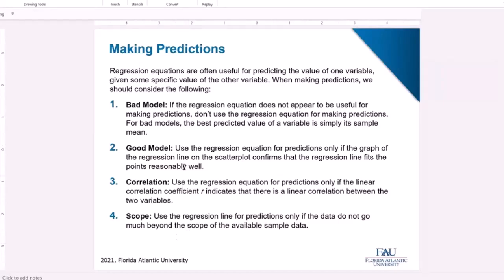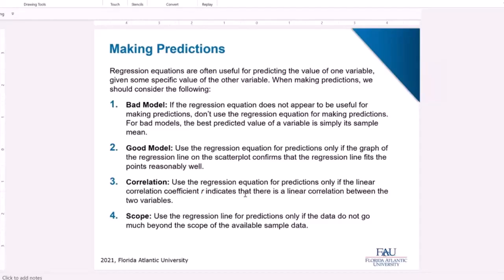If we have a good model, we use the regression equation for predictions only if the graph of the regression line on the scatter plot confirms that the regression line fits the points reasonably well. Even though we don't really know how chocolate and Nobel laureates are related, we do see that the regression equation fits the points reasonably well, so we'll consider it a good model.